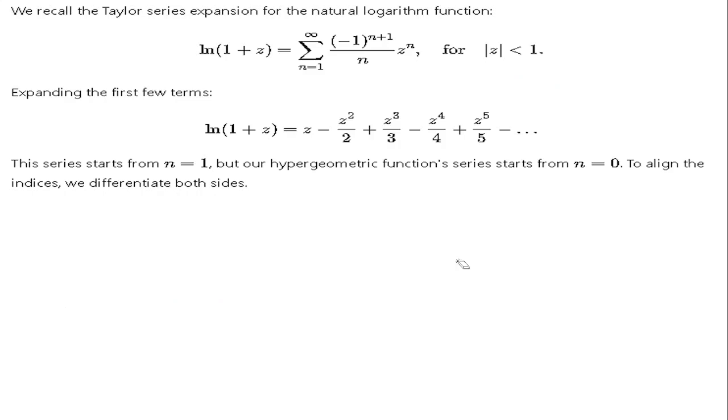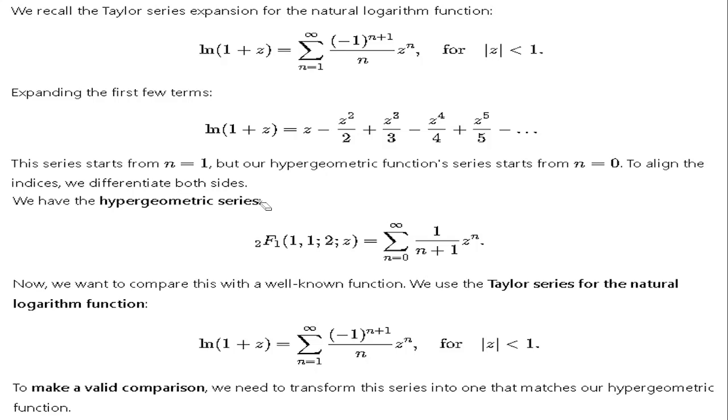Yes, sir. So that's why we're saying that this series starts from 1, but for the hypergeometric function, the series starts from n equal to 0. Therefore, we have to align the indices. If we want to align the indices, we have to differentiate both sides. Is that clear? Yes, sir.